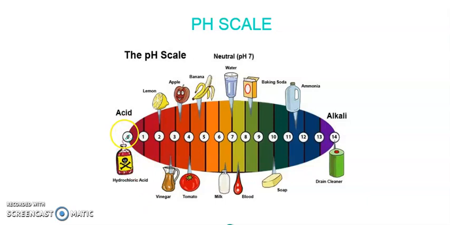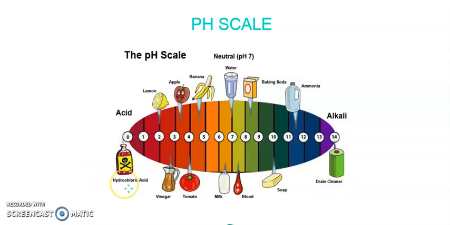So, in this pH scale, if you observe carefully, there are numbers given, from 0 to 14. So, these numbers tell you how acidic or how basic a substance is. So, if a substance has pH 0, it means it is really acidic. The example is hydrochloric acid.